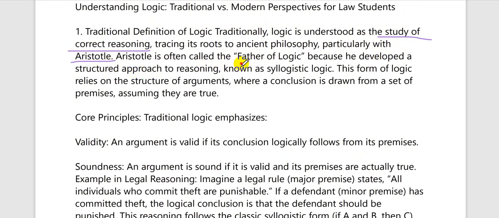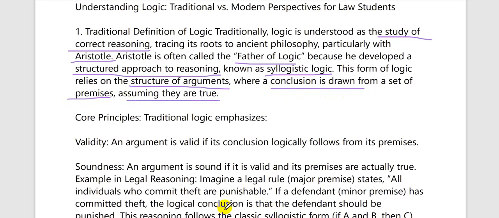Aristotle is often called the father of logic because he developed a structured, step-by-step approach to reasoning, known as syllogistic logic. This form of logic relies on the structure of arguments, where a conclusion is drawn from a set of premises, assuming they are true.